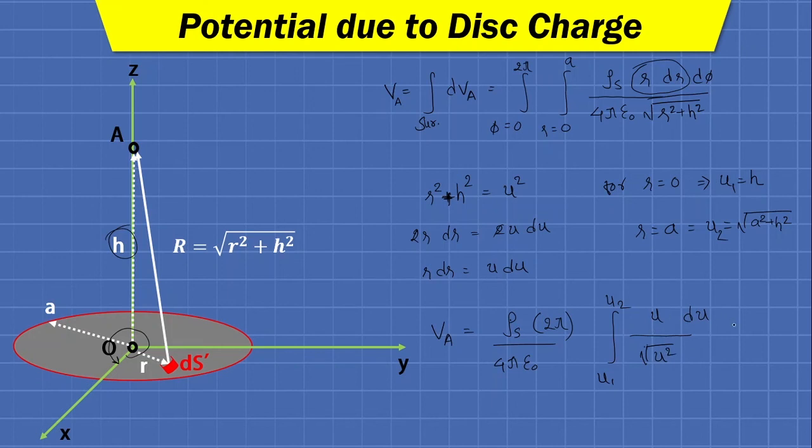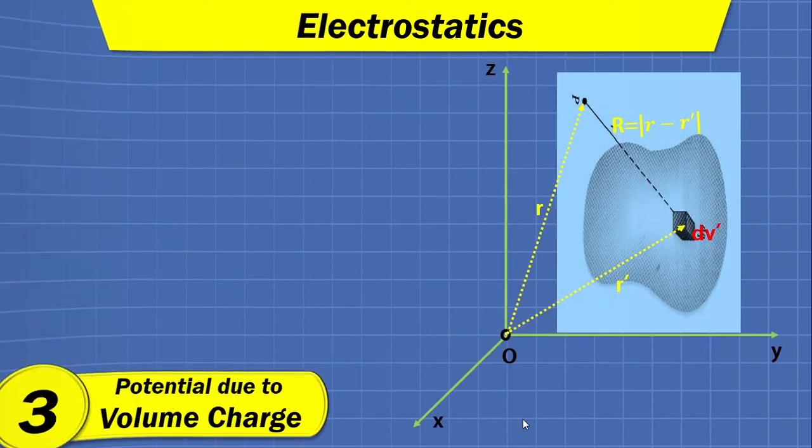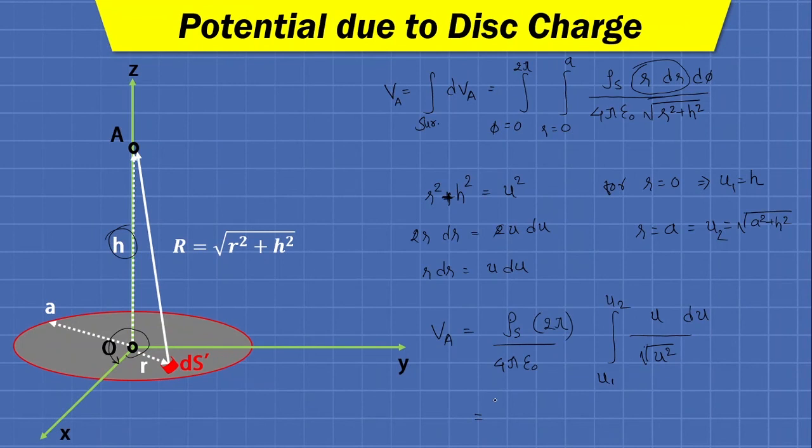So u will get cancelled out, and finally the only thing remaining with us will be rho s. Now this 2 pi will get cancelled with 4 pi, and it will leave 2 epsilon naught. Now integration of 1 with respect to u will be u itself, lower limit u1 which is nothing but h, and upper limit u2 which is nothing but under root a square plus h square.